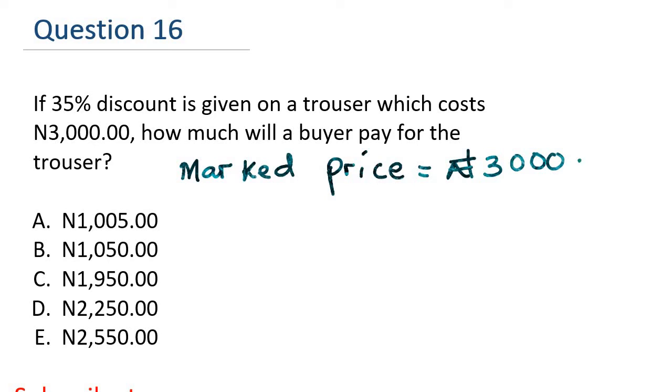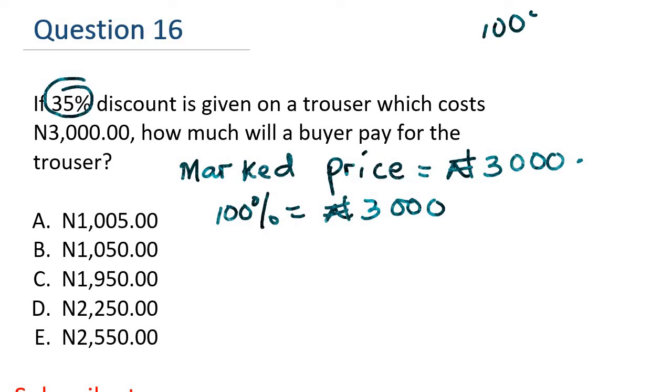So let me say 100% equals 3,000 naira. A discount of 35% was given. That means the person won't pay 100%. The person will pay 100% minus 35%, which is the discount given. The person will pay 65% of the worth of the trouser.